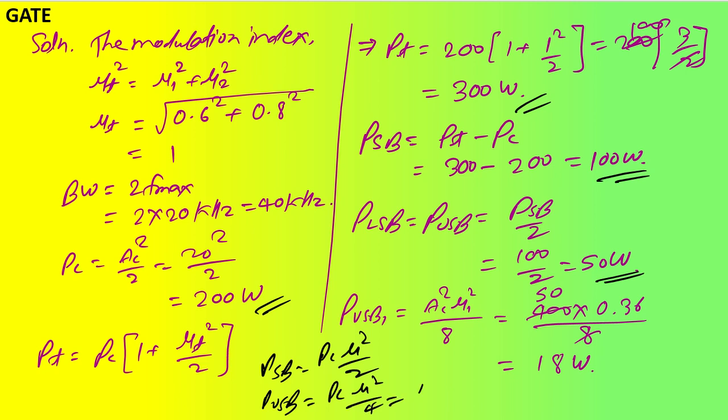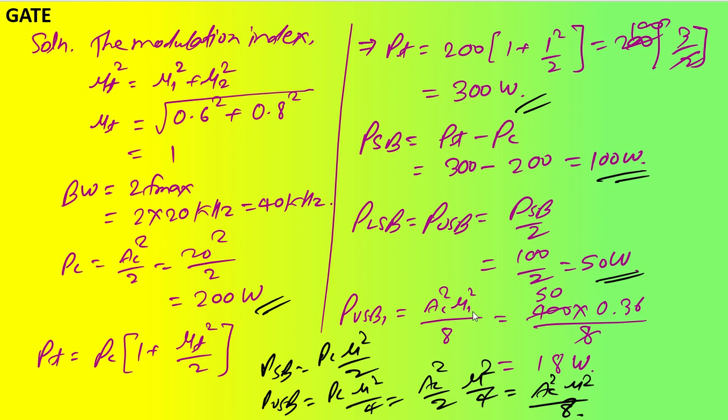And PC was how much? AC square by 2 into mu square by 4, that is AC square into mu square by 8. So this is the understanding; I have utilized here AC square into mu square by 8. For the first message signal, what is your upper sideband power?